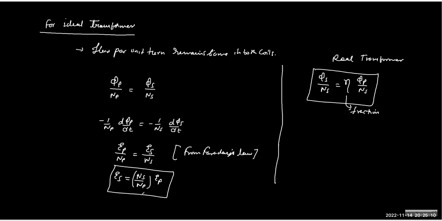So NS by NP is called the turn ratio. So you can see that the secondary EMF may be more than or less than or equals to primary EMF.